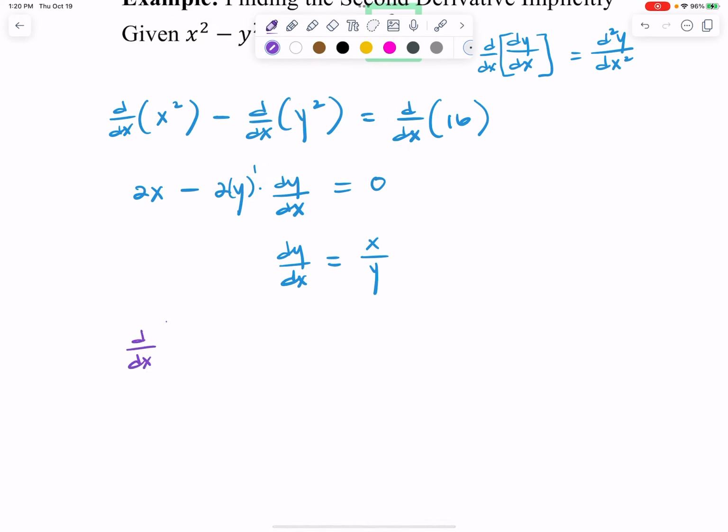And then we need to think quotient rule for the derivative of x over y. So low d high would be 1 times y, minus high, and d low, so the derivative of y with respect to x is dy over dx. We were able to put 1 for the derivative of x with respect to x. All over low, low.